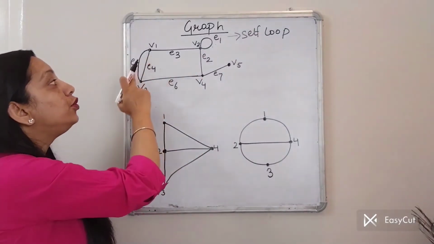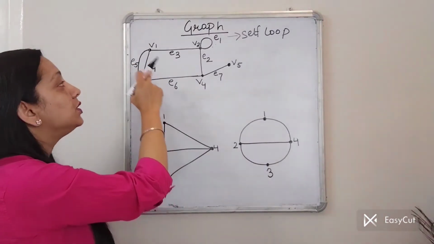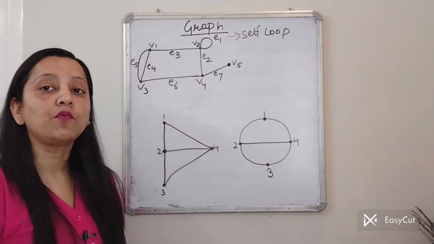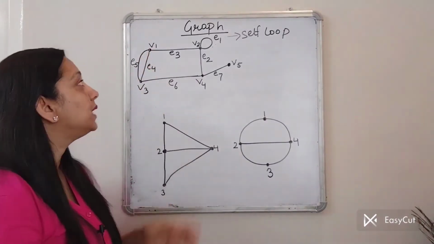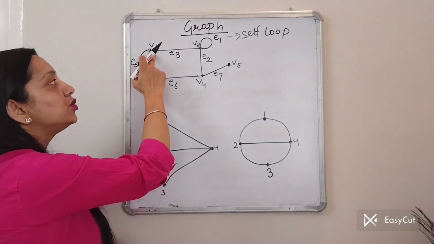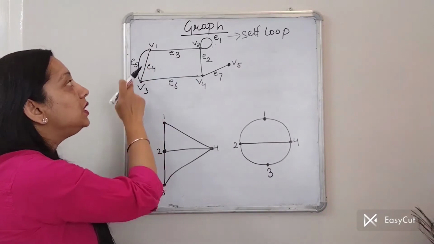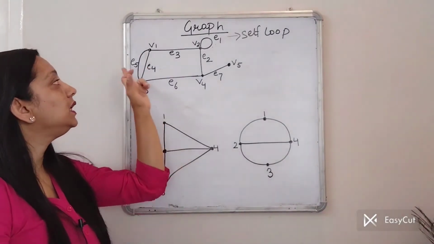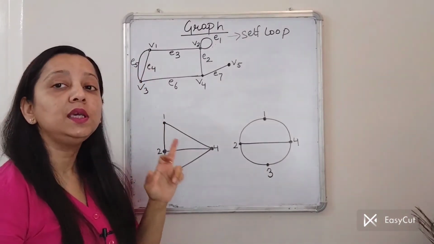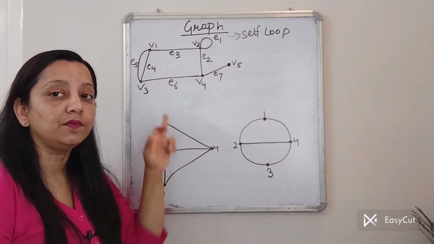Also, if two edges, that means more than one edge, are associated with the same pair of vertices. Like here in case of vertex V1 and V3, you can see that edge E4 is associated with the vertex V1 and V3. Then also edge E5 is associated with the vertex V1 and V3. So basically E4 and E5, both the edges are associated with the same pair of vertices V1 and V3.